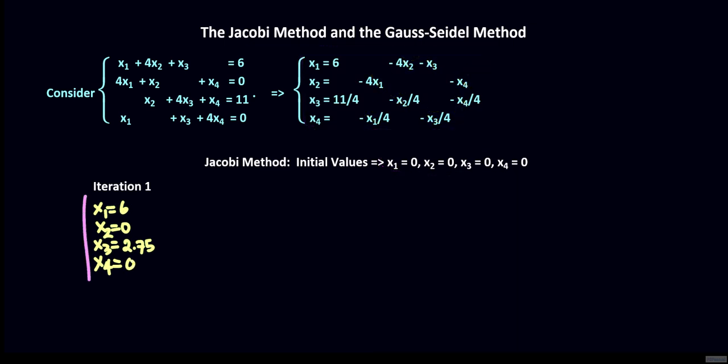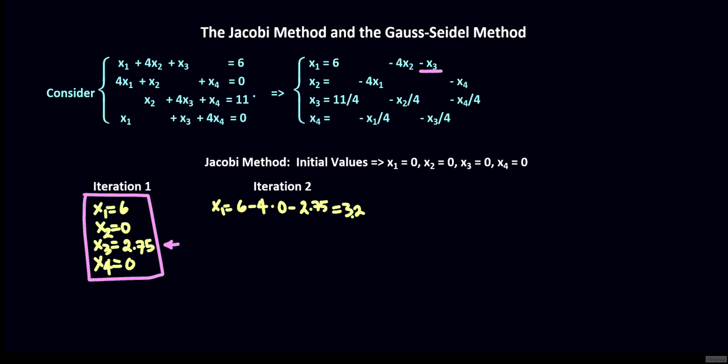We now use these values to get the next set of estimates for iteration 2. The new value of x1 is 6 minus 4 times x2, x2 is 0, minus x3, x3 is 2.75, so that x1 becomes 3.25.